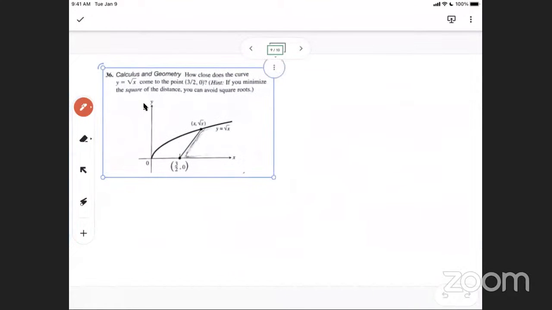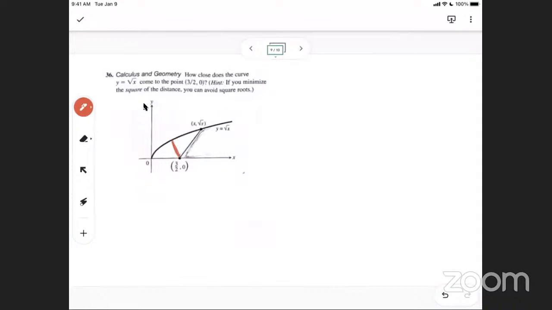Thanks for asking. How close does the curve come to the point? And the hint is if you minimize the square of the distance, you can avoid square roots. Okay, how close does the curve come to the point? So the closest this curve is going to come to the point, you're trying to figure out what this distance is right here.